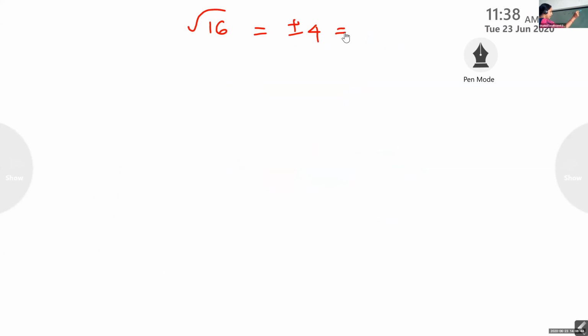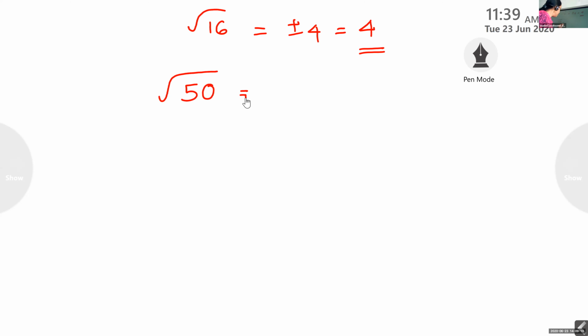Now, if it is the root of some other number, suppose root 50, you have to reduce it into a more simplified form, and it is always very useful for you.